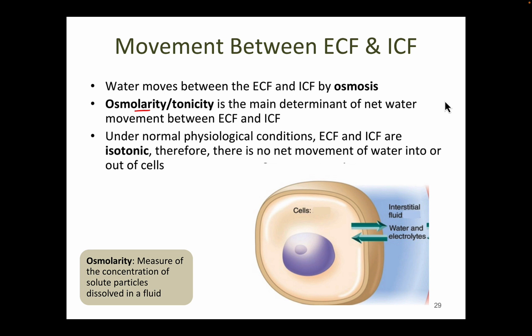Now, under normal physiological conditions, the ECF and ICF are isotonic. So they both have an osmolarity of about 300 milliosmoles per liter. So even though they have different solutes, the total dissolved solutes is equal in the cells compared to outside, so that water moves back and forth, but there's no net osmosis or no net movement of water into or out of our cells.